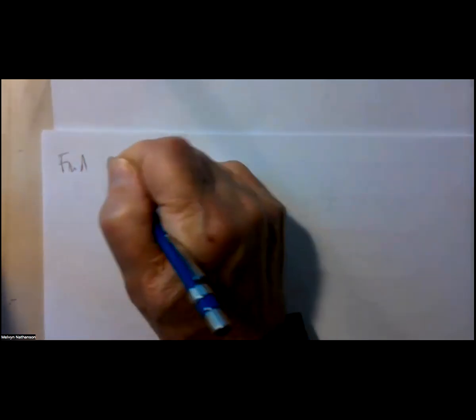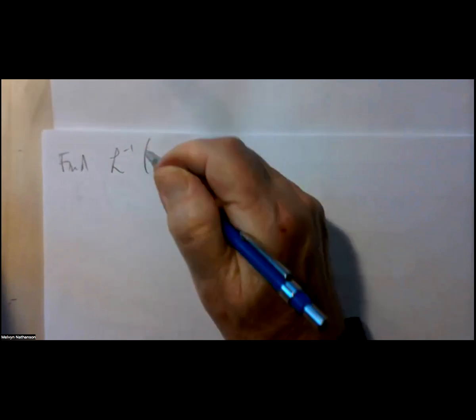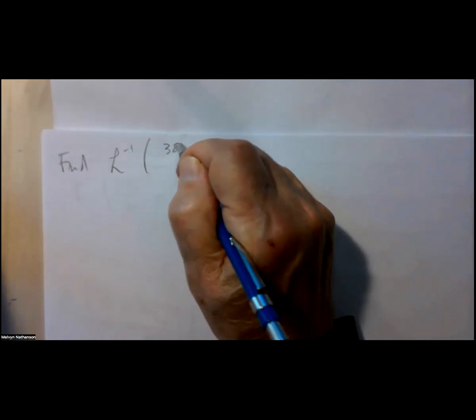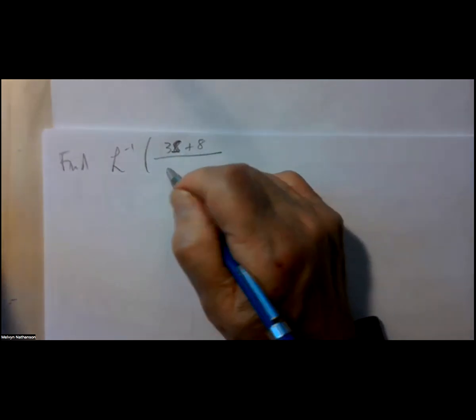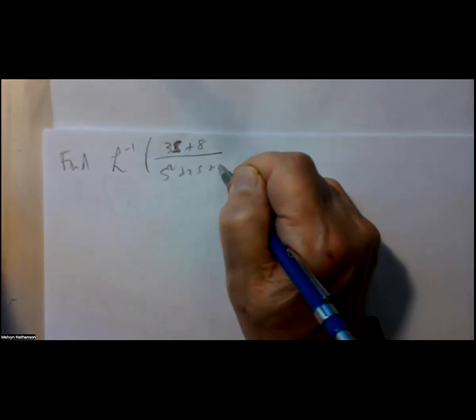This is all a lot of mathematical technique one has to master. Suppose we want to find the inverse Laplace transform of 3s plus 8 over s squared plus 2s plus 5.